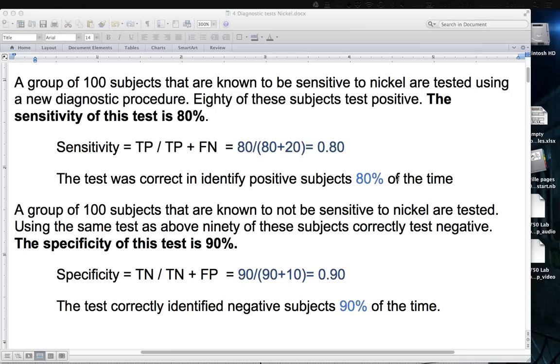Okay, that 80% is called the sensitivity. If 100 people have a nickel allergy and you give them this test, 80% of the time it'll identify those people.